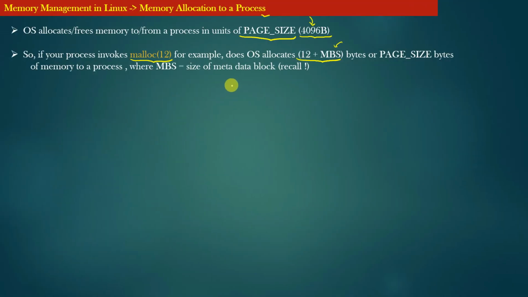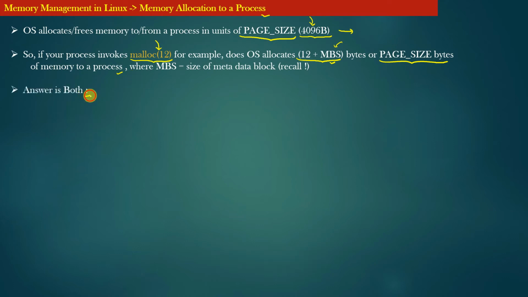Going forward, suppose your process requests 12 bytes of memory from the operating system. So your operating system allocates 12 plus meta block size bytes of memory, or, as I said in this point, the operating system allocates page size bytes of memory to the process. So we have a question: how much memory is actually assigned to a process?